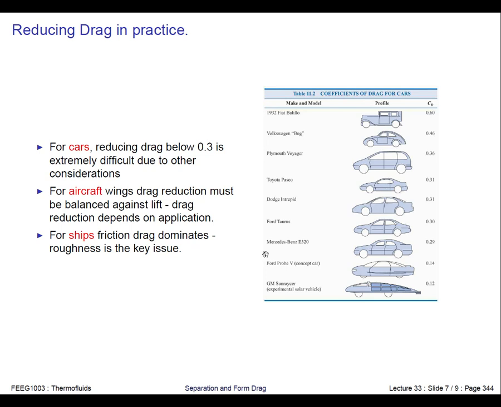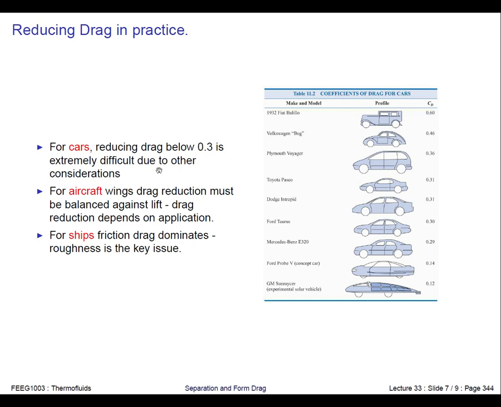Okay, so just to sort of try and summarize this in terms of how we do this as engineers, obviously drag is really important. We burn a lot of fuel getting objects to go through fluid, and there are design compromises. So the classic one is sort of cars and aircraft and ships.